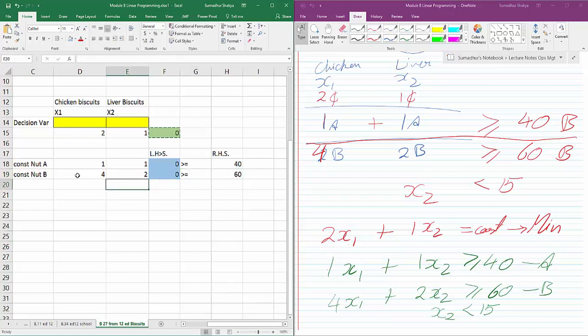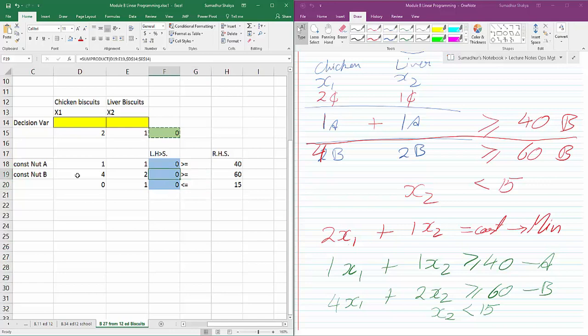Also, x2 has to be less than, and I'm going to show you why I am doing this. So 0 for x1 and 1 for x2, this has to be less than or equals to 15.